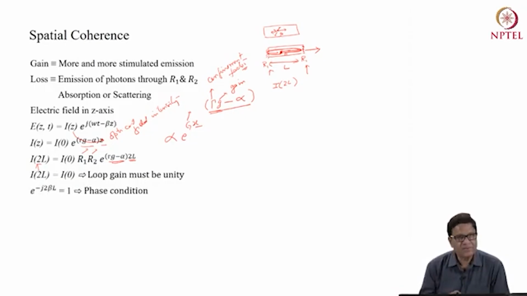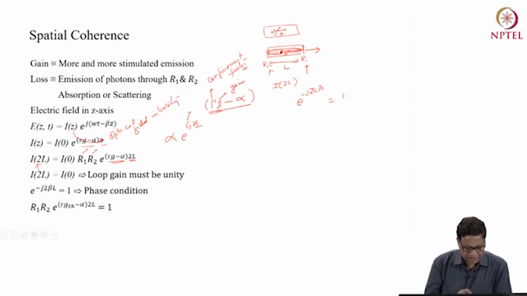The other condition is a phase condition, which happens typically in an oscillator. So e raised to minus j, 2L, this is a distance, into the propagation constant should be 1. So these two conditions should be satisfied. It will ensure that the laser operates in a continuous fashion, or it is in an oscillatory mode.